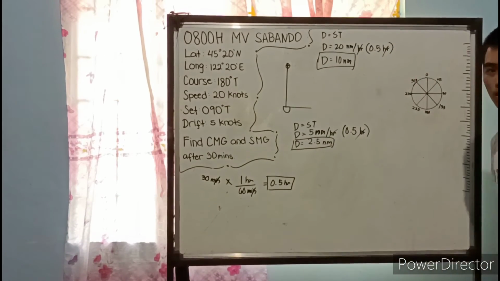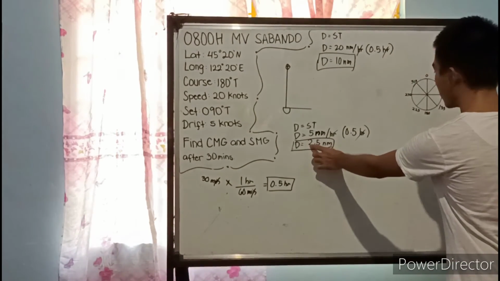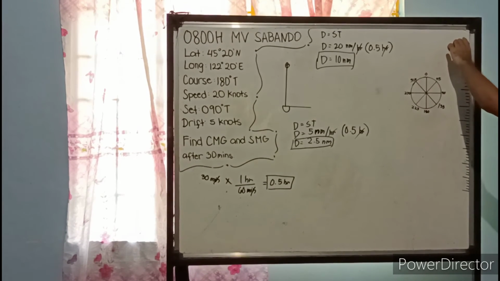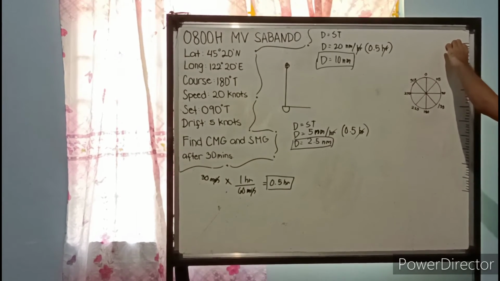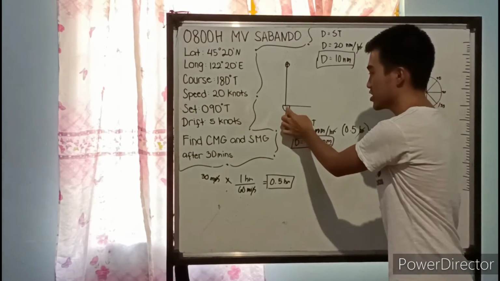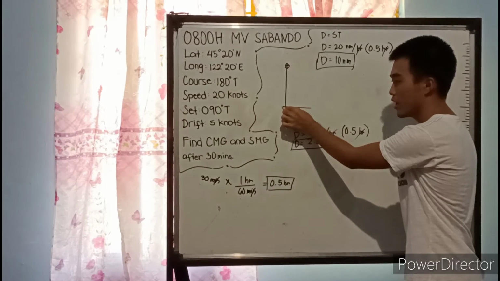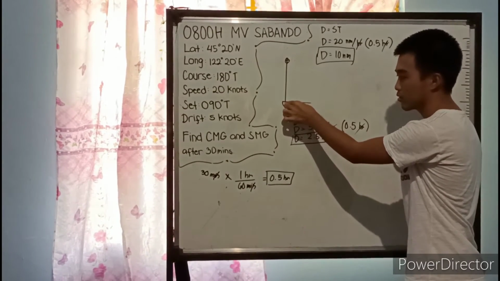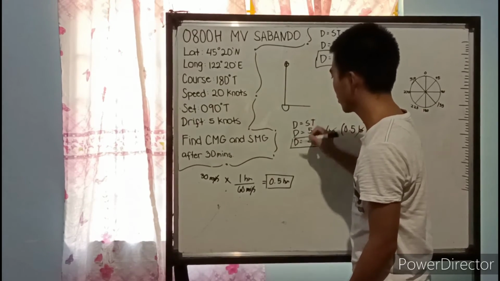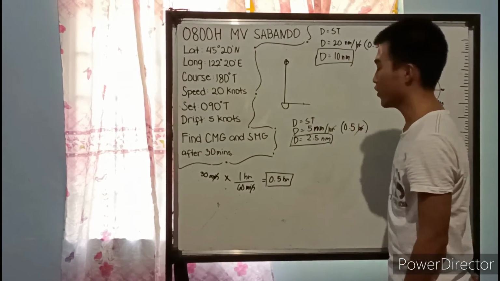So next, using these 2.5 miles, we'll put this in our scale. So after we measure the 2.5, we're going to put this from here, the DR position and the set. So for example, the 2.5 was found here. This is the 2.5.